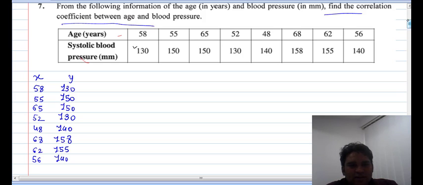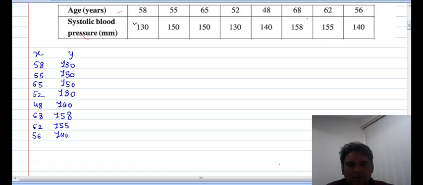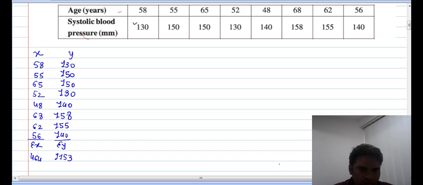Okay, so x and y we have just copied. Now we first find out the x bar and y bar, right? Because if x bar and y bar are integers, then we will follow the direct method, and if they are non-integer and the values are big, we will use the UV method. So if you take the total of this, sigma x would come 464, sigma y would come 1153, right?